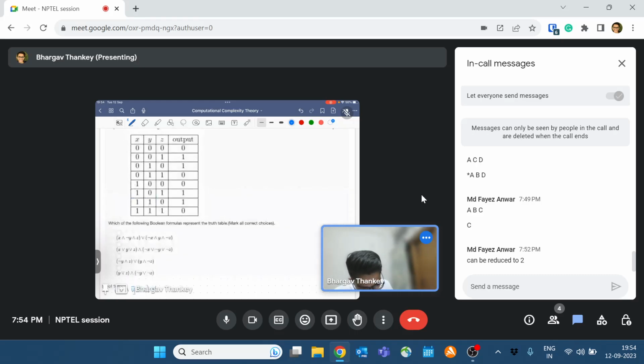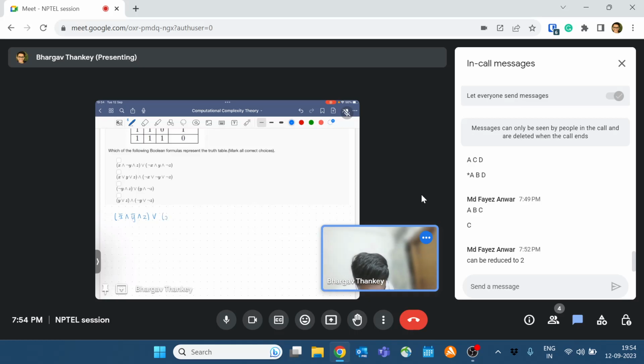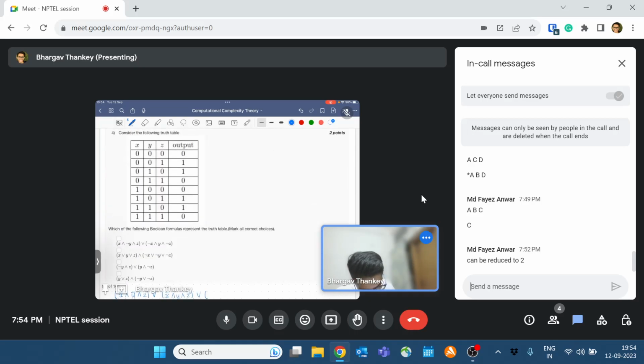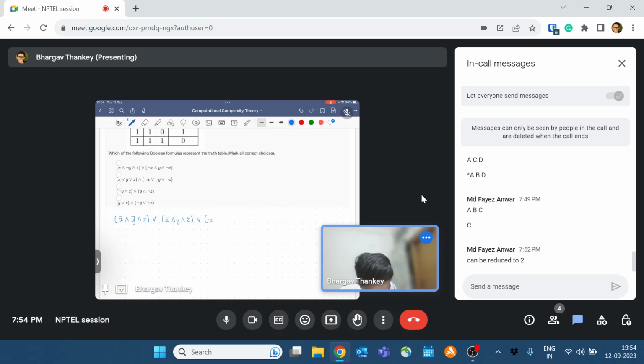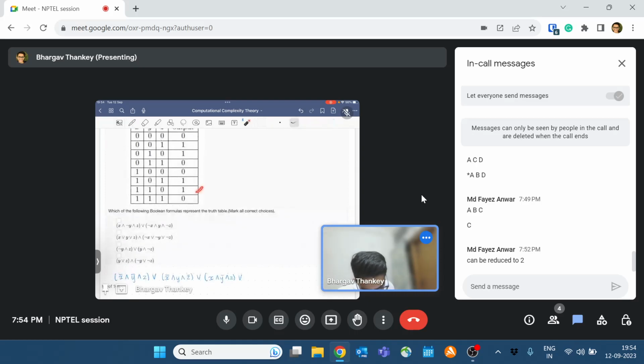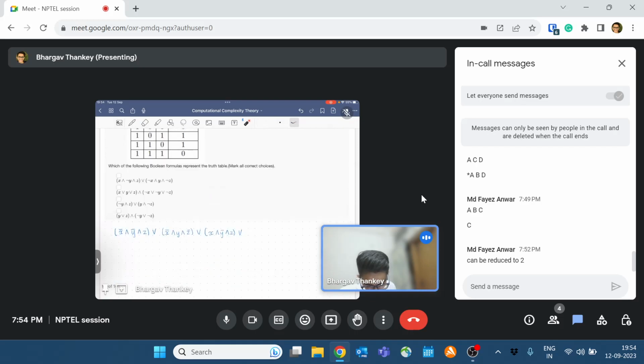Or this is one: x complement, y, and z complement. Or this is one: x, y complement, z. Or this is one: x, y, z complement.